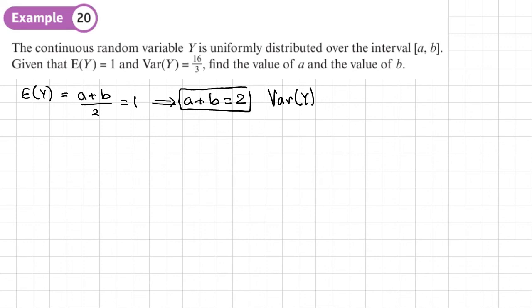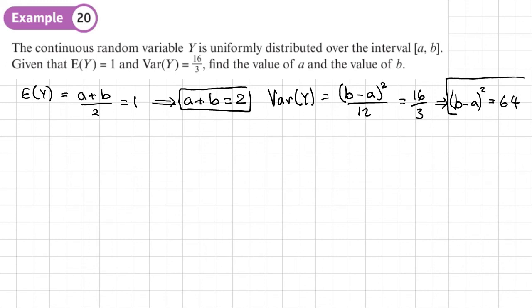The way that we find variance is that we do b minus a squared over 12. And that's going to equal 16 over 3. If we times both sides by 12, we'll get b minus a squared is equal to 64. So here's our second equation.